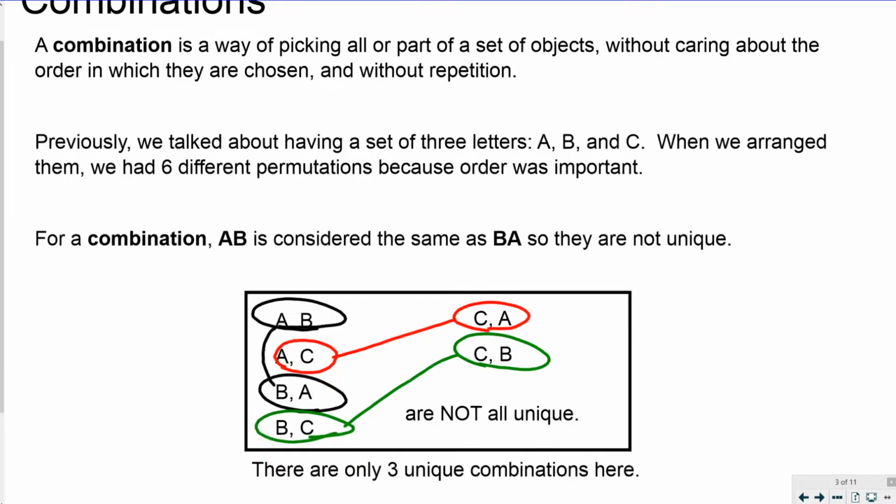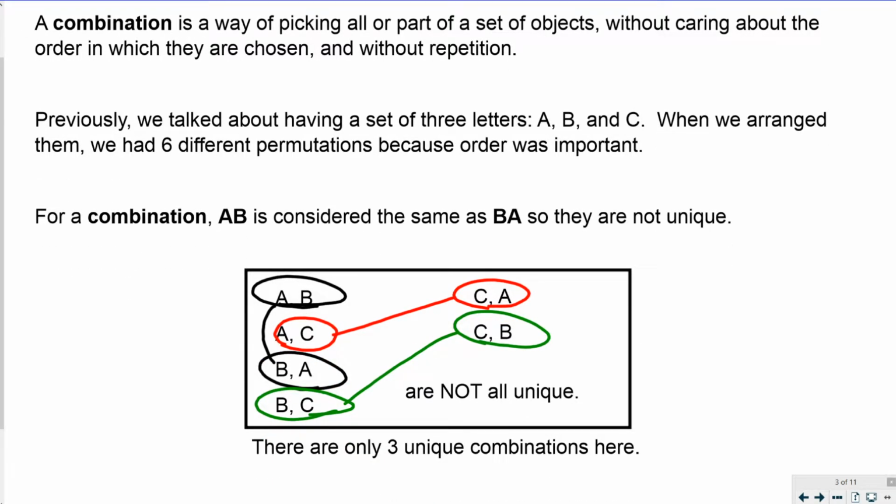So take a look down here. My original letters were A, B, and C, and I took them 2 at a time. I was doing 3 nPr 2, and I had listings like AB, AC, BA, BC, CA, and CB.